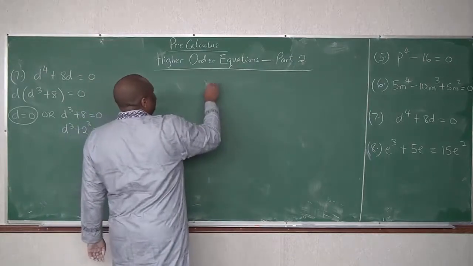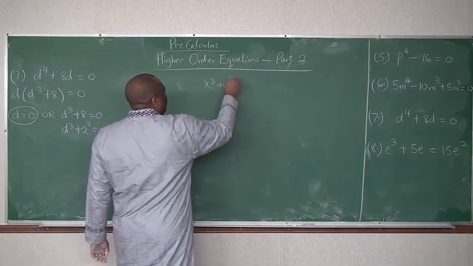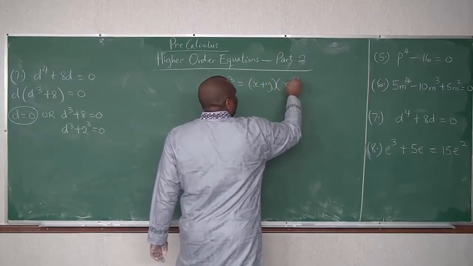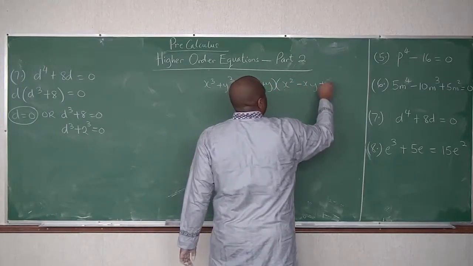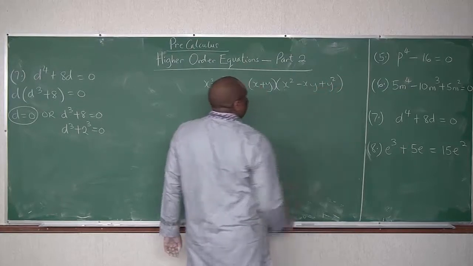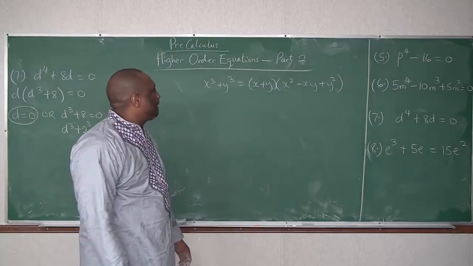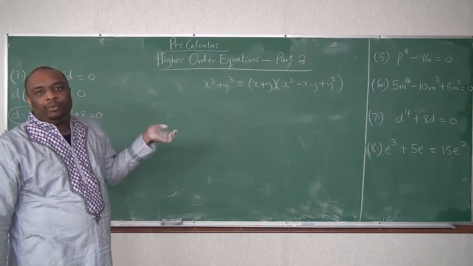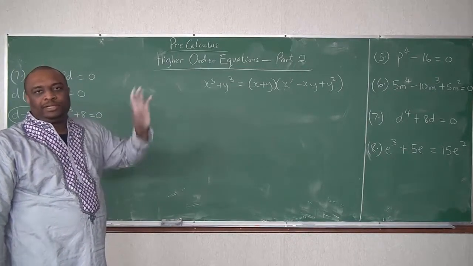Now, x cubed plus y cubed will be x plus y times x squared minus xy plus y squared. I think so. Let's check whether this formula will work. We did this in one of the videos in factoring.